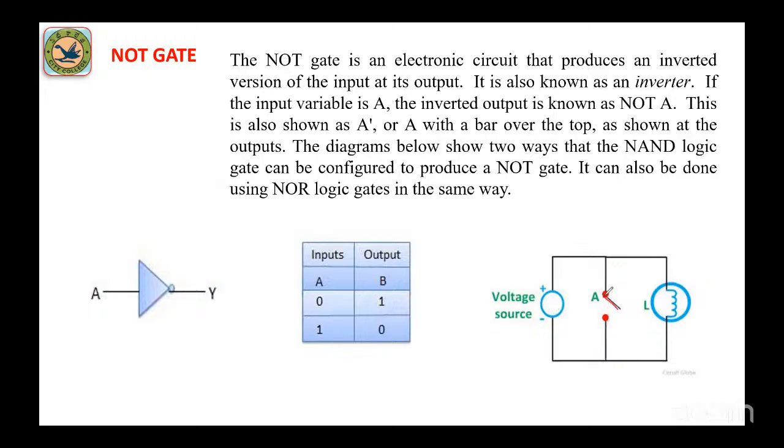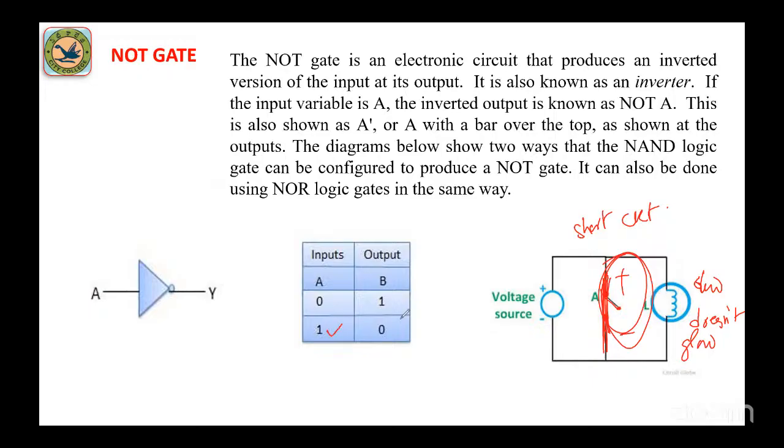If A is open, then the bulb glows. If A is closed, plus and minus are short circuited. In this condition the bulb doesn't glow.